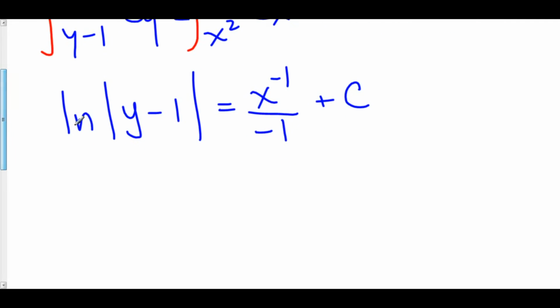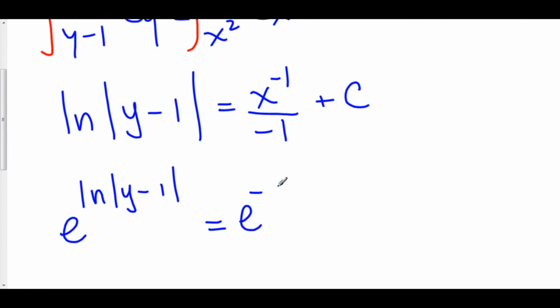Now we don't want to have a natural log in front of our y. So to get rid of it, we will raise both sides to the power of e. So here we have e to the natural log of the absolute value of y minus 1 equals e to the negative x to the negative 1 plus c.